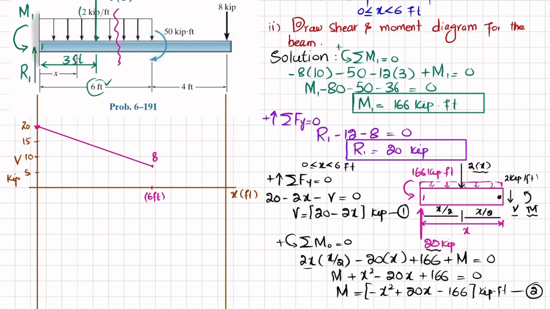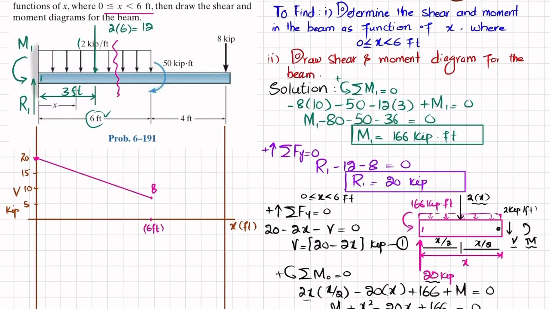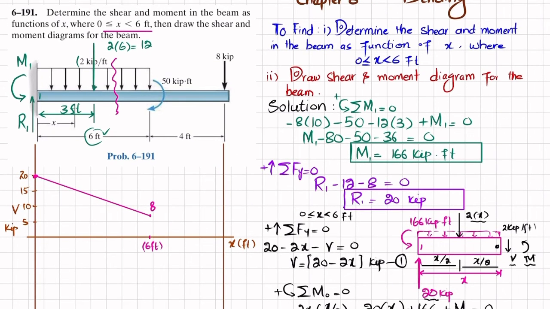Now moving from this point till this point, we do not have any other force, so shear force will remain horizontal till the end, and at the end you can see you have minus 8 downwards, so that will bring it back to 0. Clear? So this will be your shear force diagram.